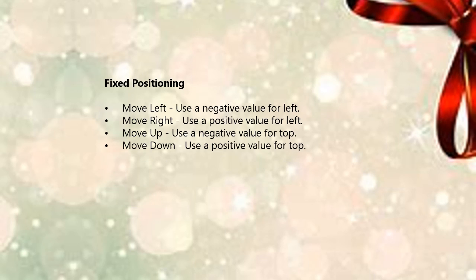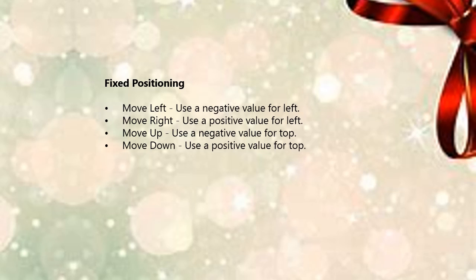Third is fixed positioning. Fixed positioning allows you to fix the position of an element to a particular spot on the page, regardless of scrolling. Specified coordinates will be relative to the browser window. You can use two values, top and left, along with the position property to move an HTML element anywhere in the HTML document.